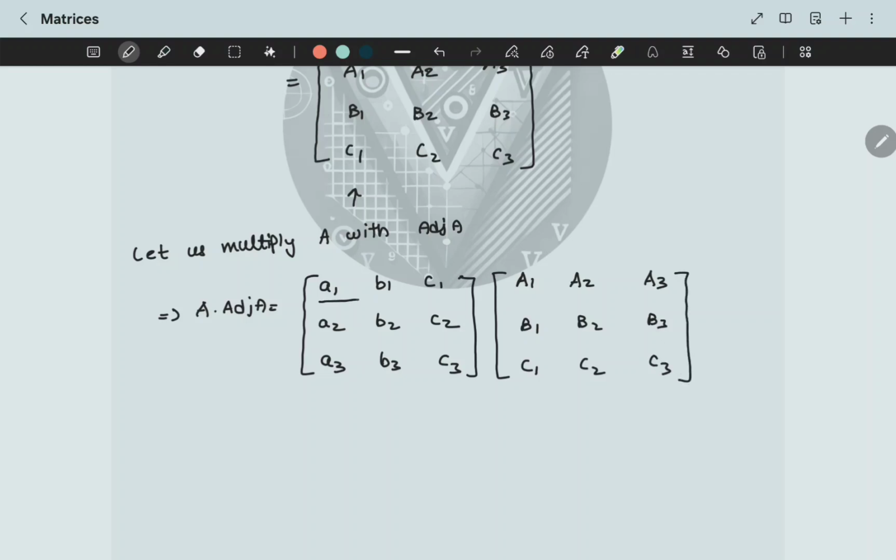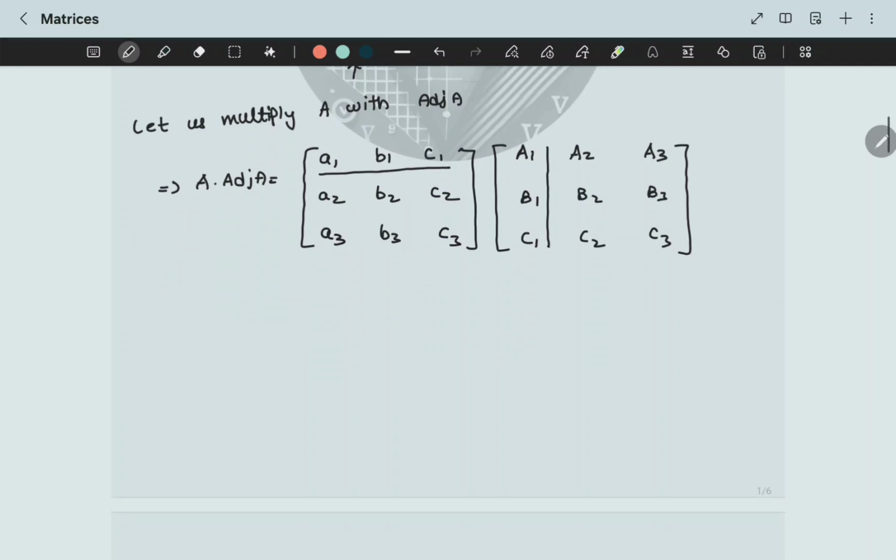Now how do we multiply two matrices? We will multiply the first row with the first column for the first element. So it is something like this. We get A1 into A1 plus B1 into B1 plus C1 into C1.